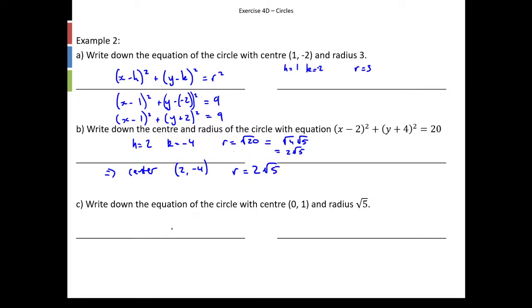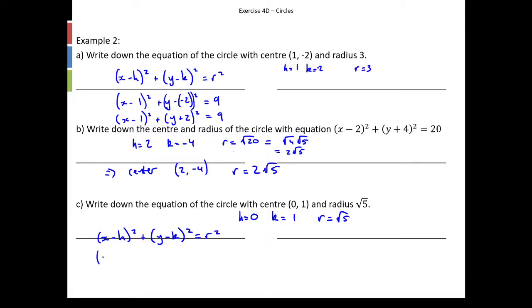Easy. Write down the equation of a circle with the center (0, 1) and a radius of root 5. Okay, so h equals 0, k equals 1, r equals root 5. Write down our equation, just get used to this: (x minus h) all squared plus (y minus k) all squared equals r squared.